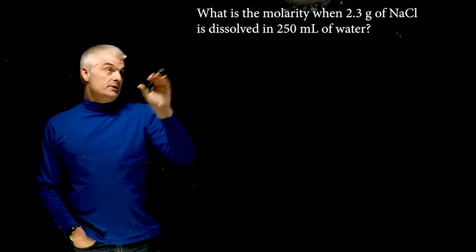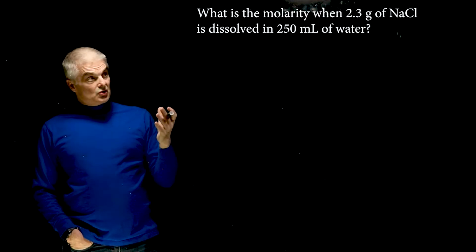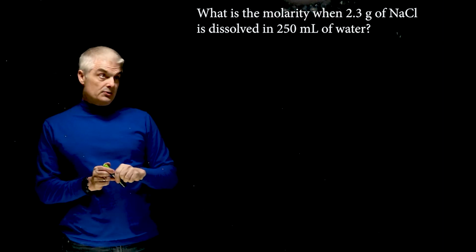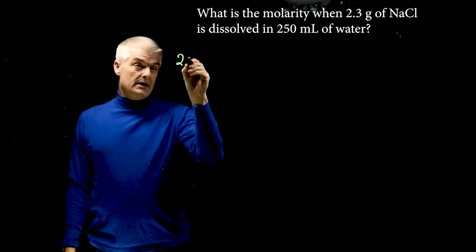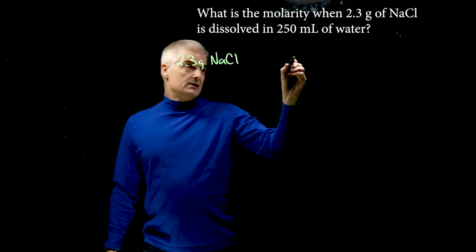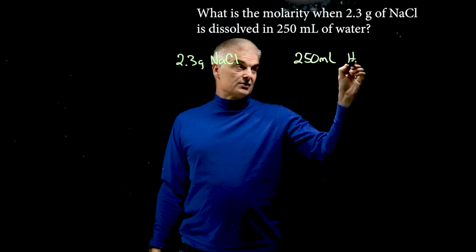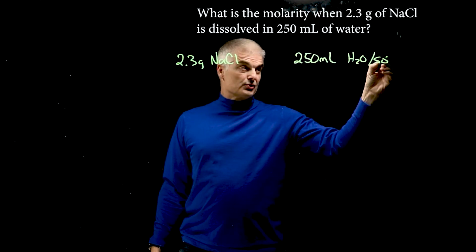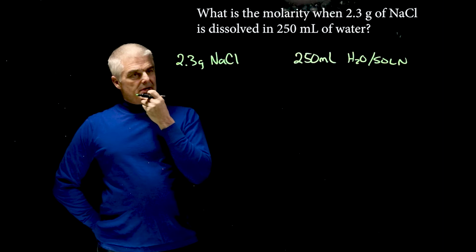Example number one: you've got 2.3 grams of sodium chloride dissolved in 250 milliliters of water, or really, of solution. I want to get to moles divided by liters.